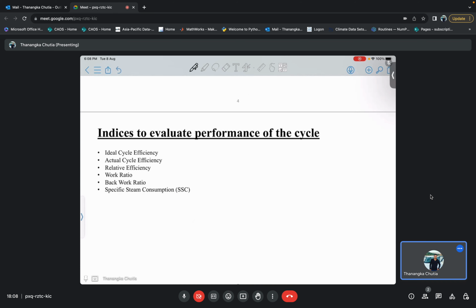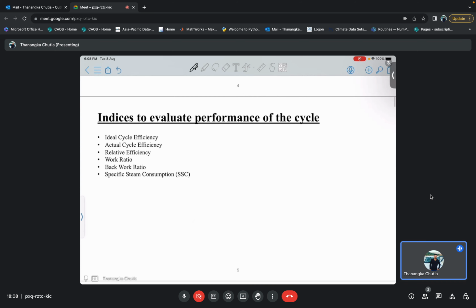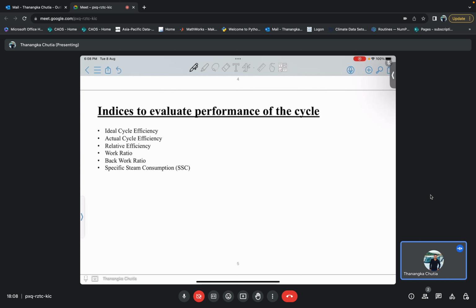Now there are some parameters which we should understand in order to solve different problems related to this. The first thing is that we have to evaluate the performance of the cycle, like how good the cycle is. In order to do so, we have to calculate certain parameters or indices.